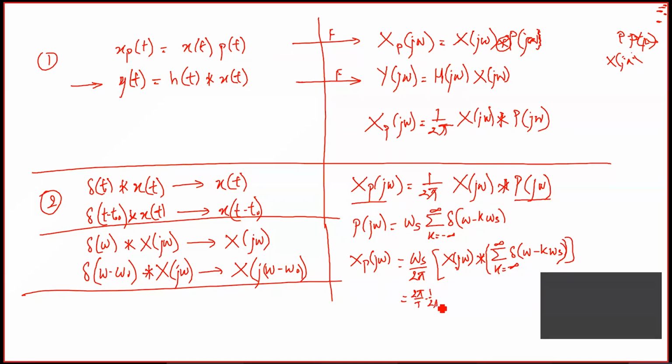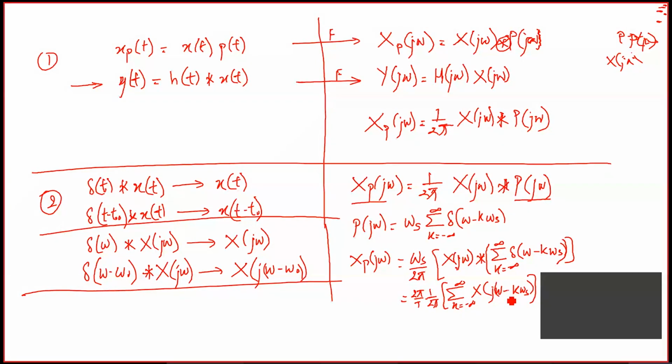multiplication, and inside you will see that this will just end up giving you, k equal to minus infinity to infinity, just these X(jω) copies shifted by kω_s. It will just give you copies, and this 2π should cancel out.